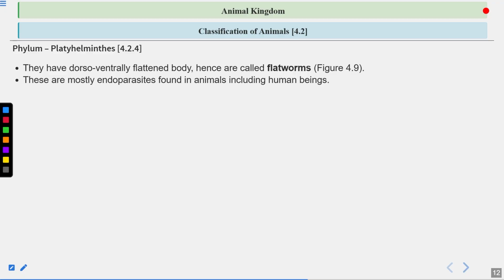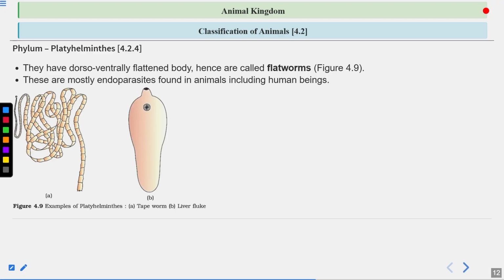Some of the organisms are present only on our body surface. They do not go inside the body, so they are called ectoparasites. But some enter inside the body. They live inside our gut, inside our tissue, and that is why they are called endoparasites.